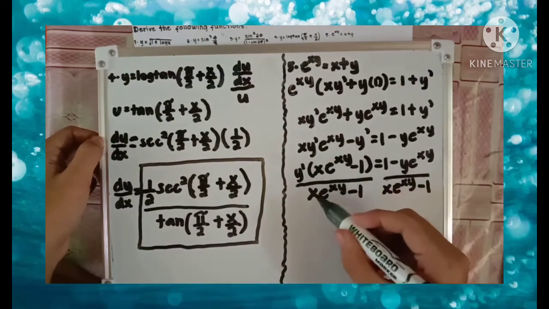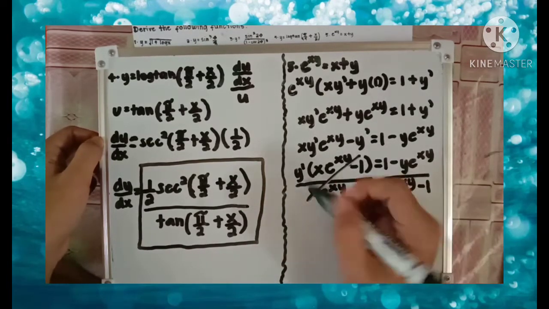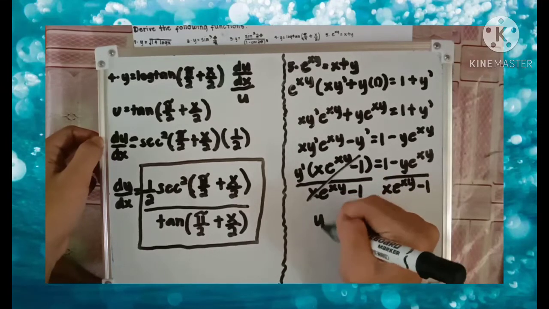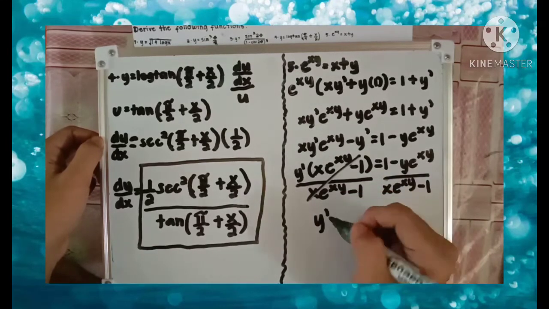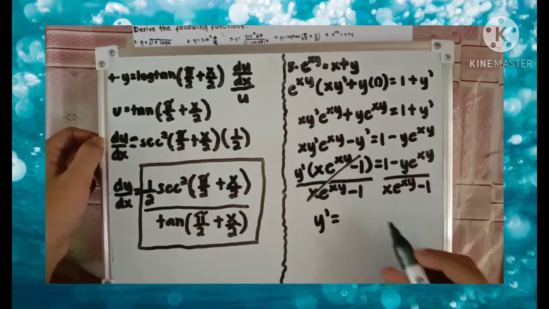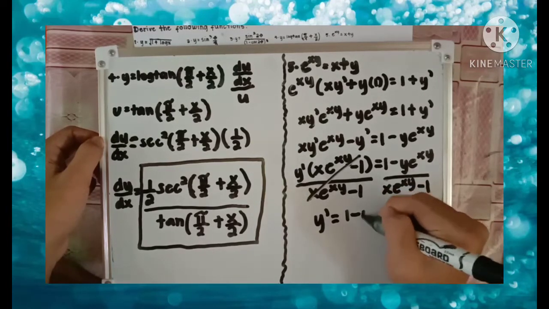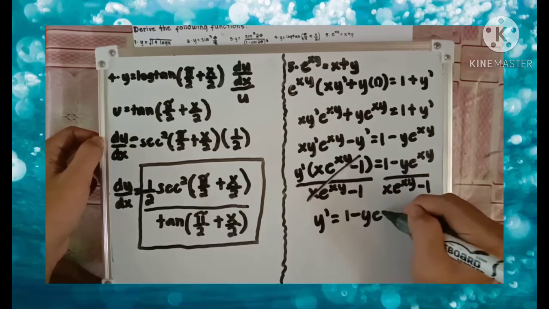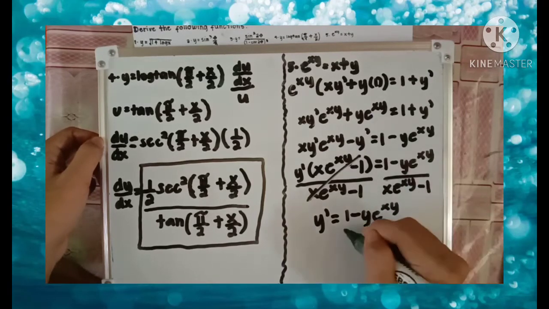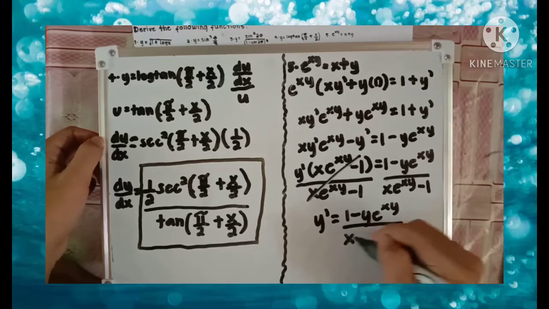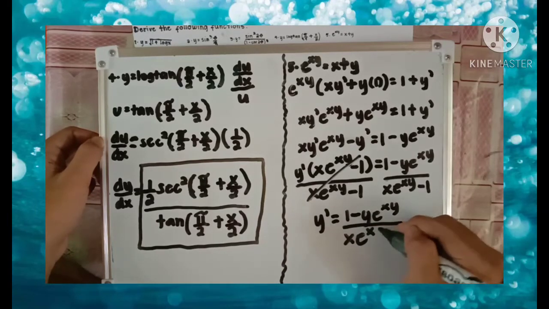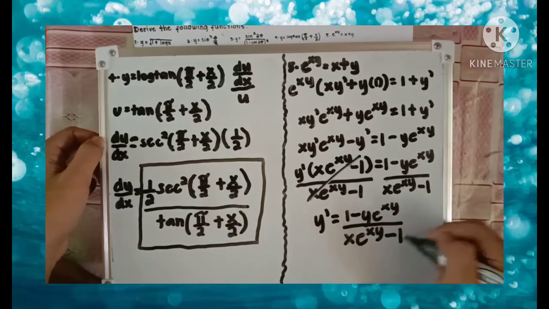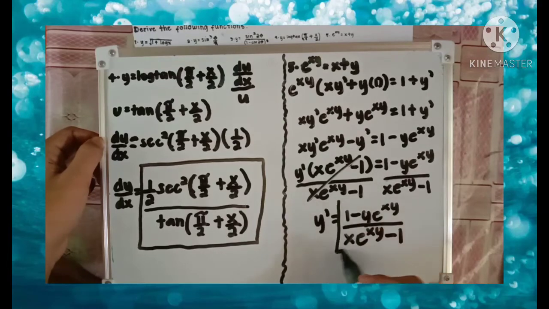So that it could be cancelled and y prime will become left over. So our y prime is equals to 1 minus y e raised to xy all over x e raised to xy minus 1. So this is our final answer.